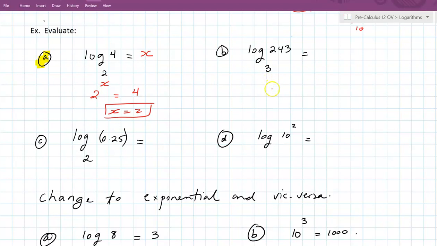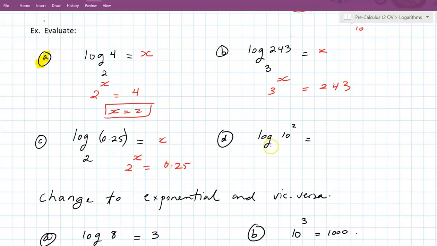So basically, 3 to what exponent equals 243. We are just changing the format from log to exponential. Okay. In here, 2 to what exponent is 0.25. Now remember, this is written in a decimal expansion, but you change it to a fraction and go from there.